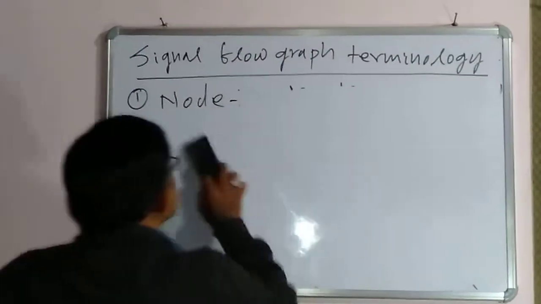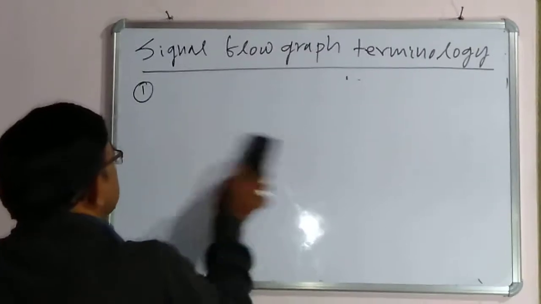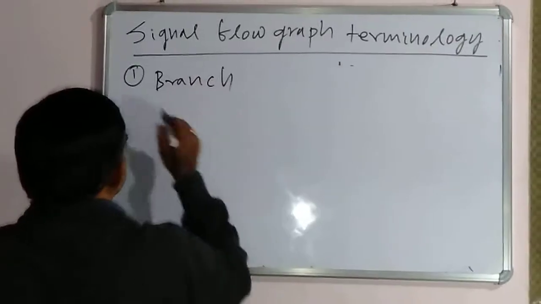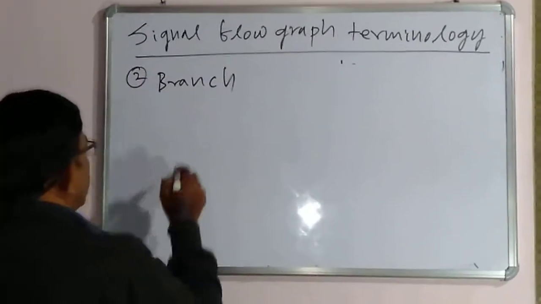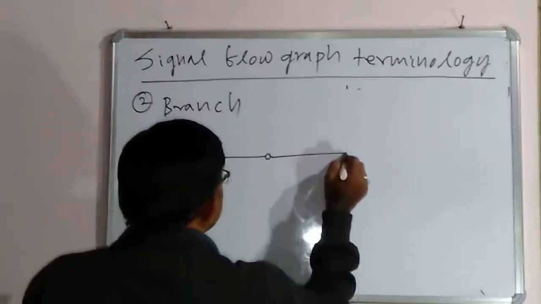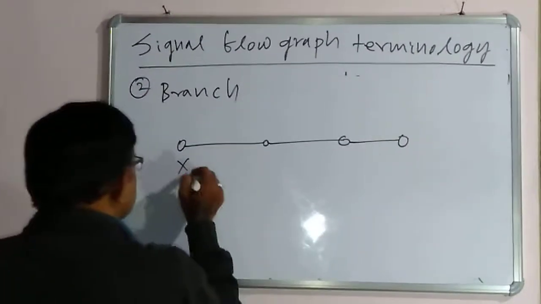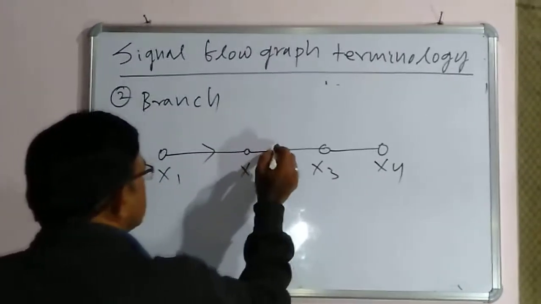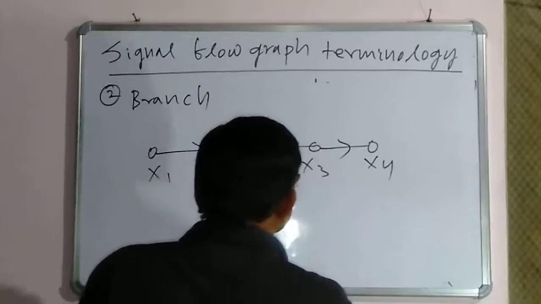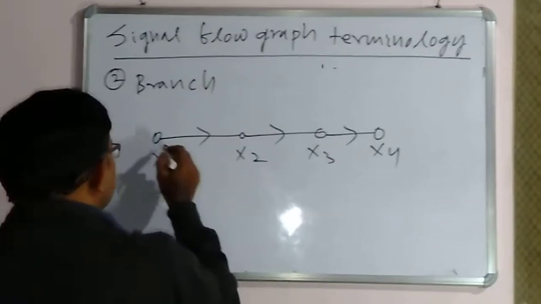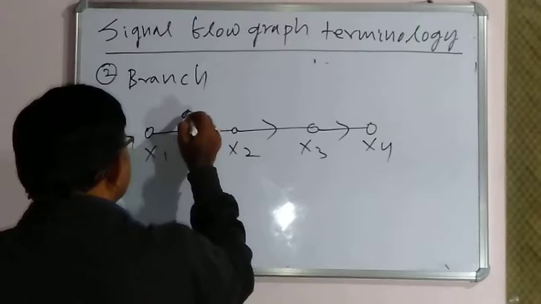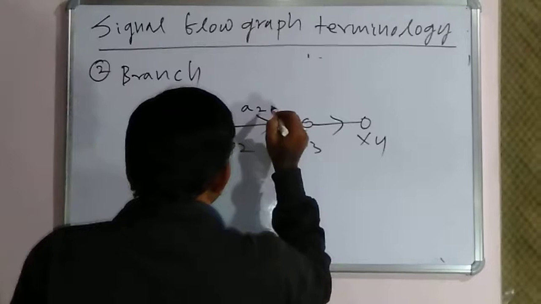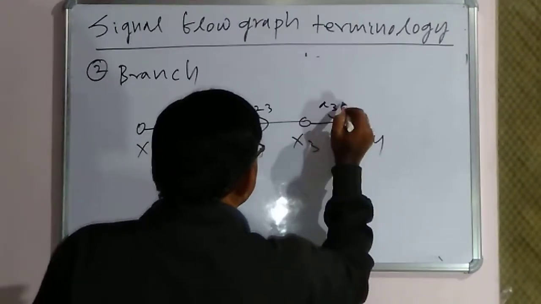So the next term we will discuss is called branch. Number 2, branch. So this is x1, x2, x3, x4. This is one branch, this is another branch, this is another branch. Generally the branch gain is denoted by A1,2, A2,3, A3,4.